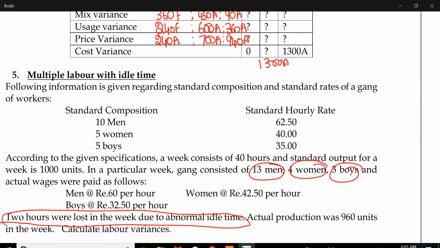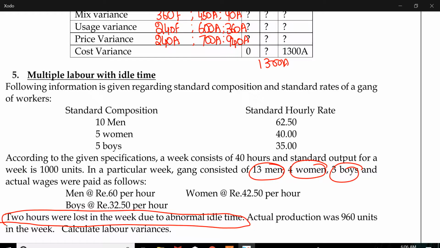Right, question number 5. Point number 1. I'll get you the material in some time.